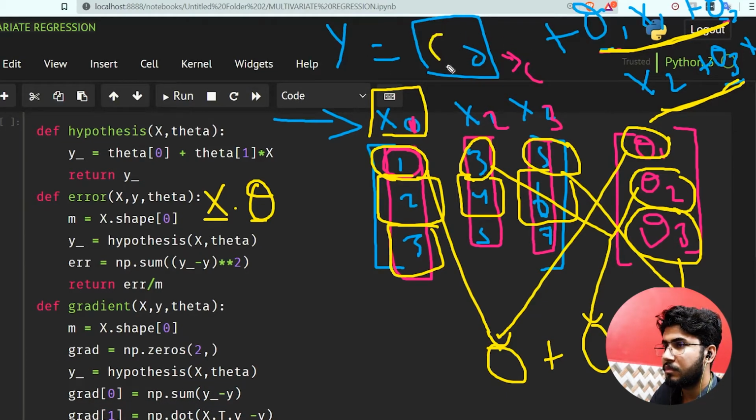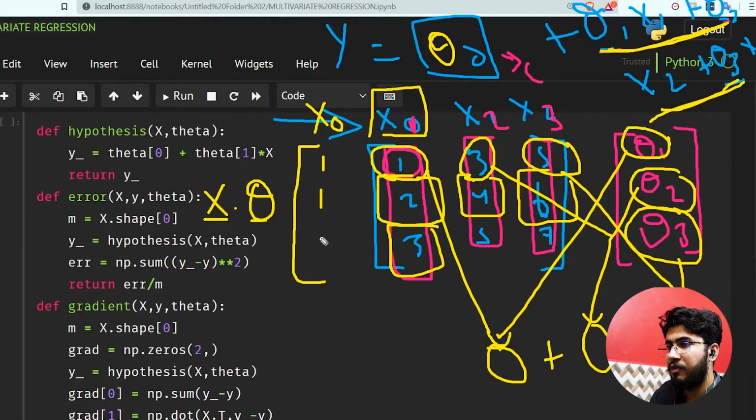But now we have to consider our y-intercept also, so that is going to be theta 0. What we can do is add this into our matrix multiplication. For this, we are going to make a dummy attribute. Let's take this as x0, and our dummy attribute will have 1, 1 and 1.